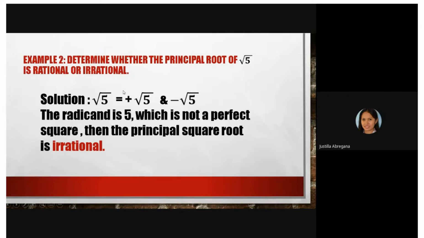So meaning the square root of 5 is positive square root of 5 and negative square root of 5. The radicand 5 is not a perfect square, then the principal square root is an irrational number. Remember that if it's not a perfect square, then its principal square root is an irrational number.